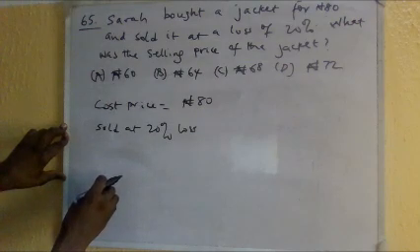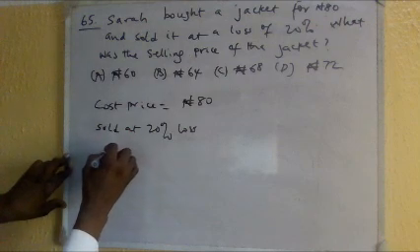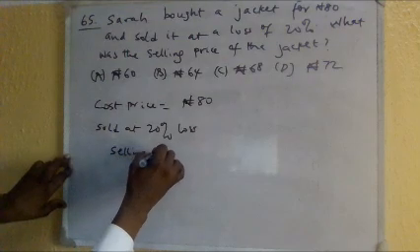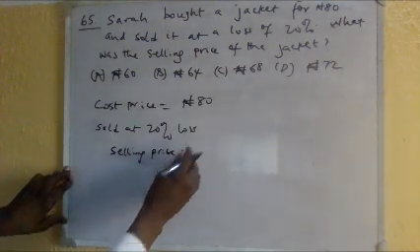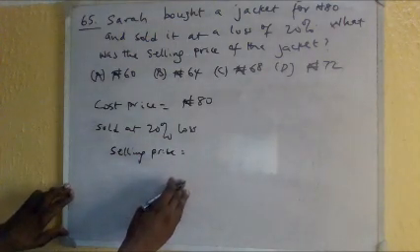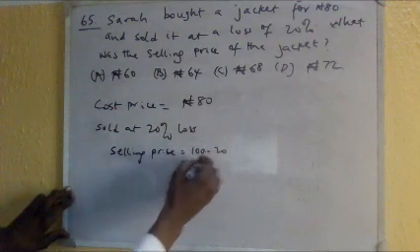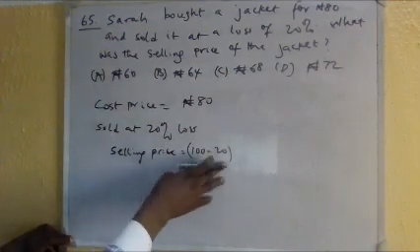This is the cost price, 80 naira, right? So selling amount or selling price is equals to 100 minus 20%. I want to see how much percentage she sold. So you know the whole thing is 100%.